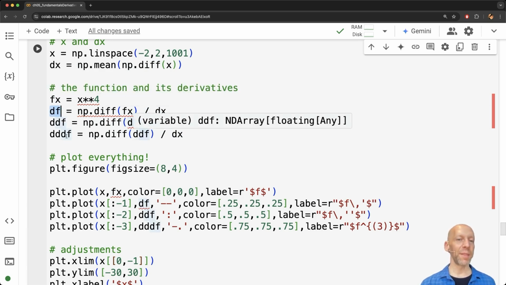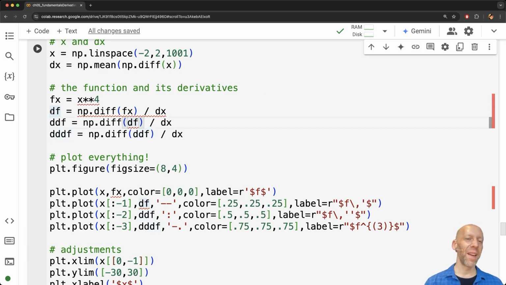And then again, I have ddf, and that is the derivative of this derivative, which is the derivative of this, which is the derivative of the original function. Now, notice that each time I'm calling numpy.diff, I have to divide again by dx. So we keep having to normalize by dx over and over again each time we call numpy.diff.